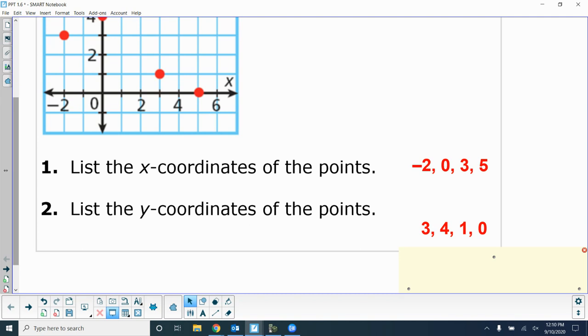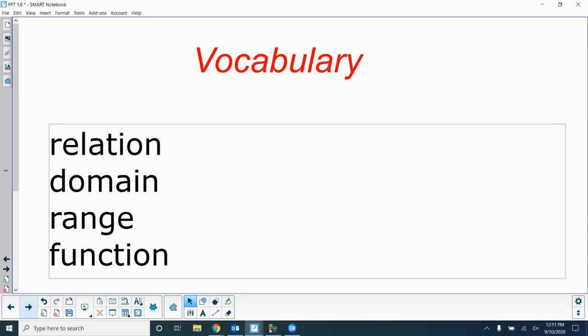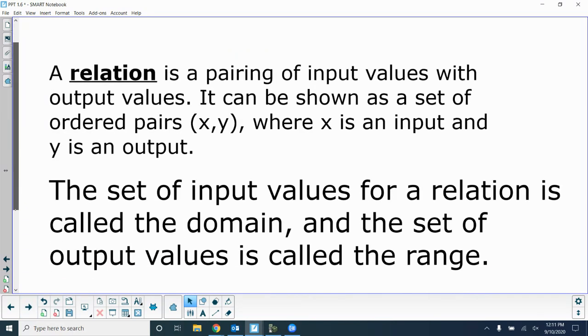Okay? Just remember, domain is x values. If I ask for the domain, you just give me the x value. If I ask for the range, you just give me the y value. Okay? Again, a relation is a set of ordered pairs. Not talking about your cousins and aunts and uncles.